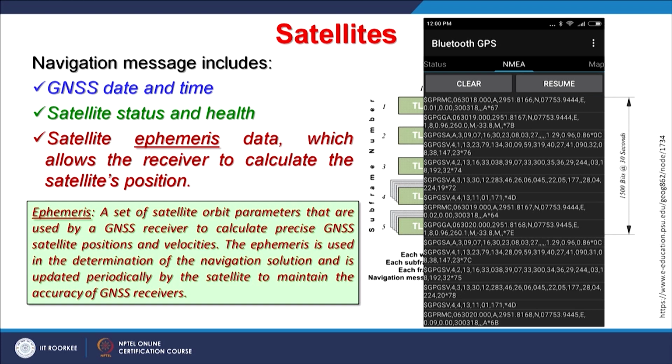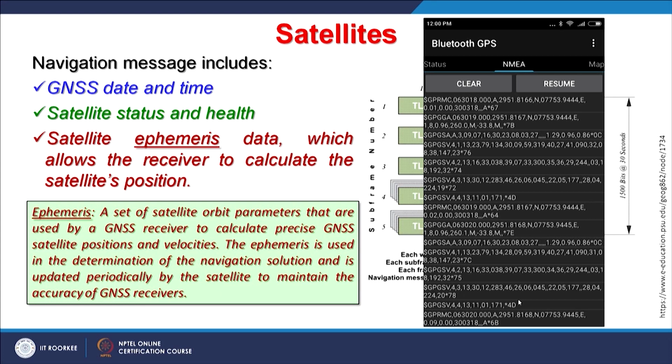And when you decode, instead of getting position, if you debug and you want to see exactly how signals are coming from the satellite, such strings will come. They will have the location of the satellite, at what time it was dispatched, an ID of the satellite, and so on. So this data is getting updated every second.